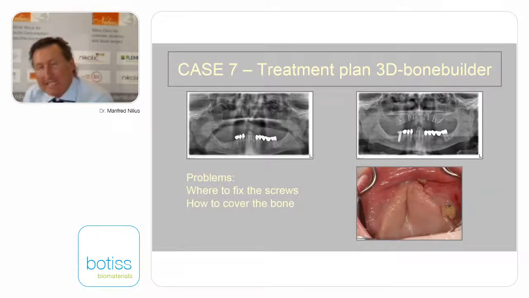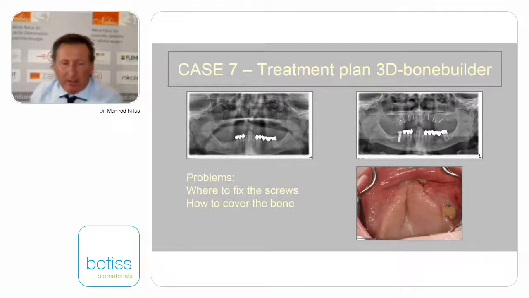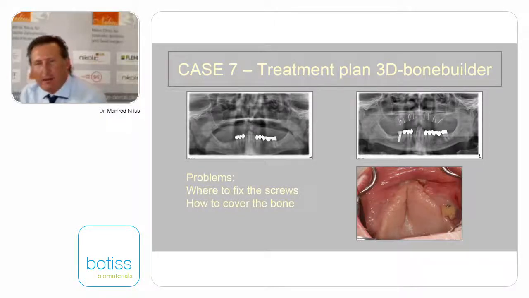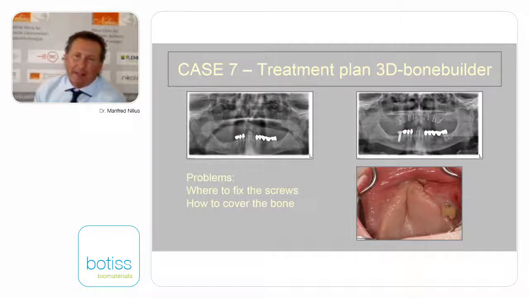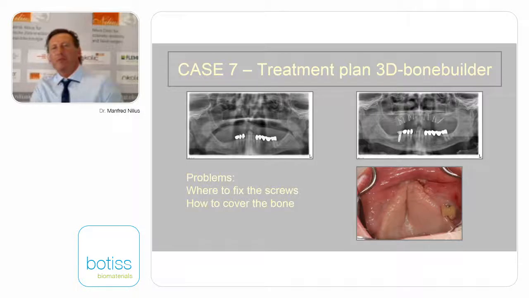But the second is how to cover all this augmentation, and it was one of the cases we made in August last year, and I had no membrane covered. The augmentation were not covered by non-resorbable membranes, and after a while, and the patient was not wearing the prosthesis for a minimum of 3 months, we find out that there is some dehiscensis, and we had to remove this part of the bone.